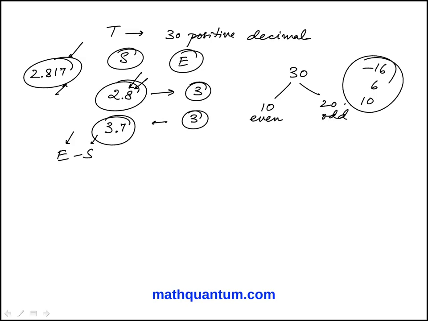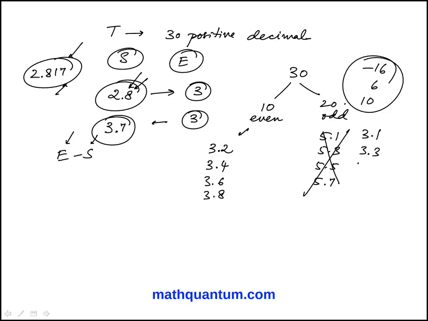For example, the 10 even ones could be, say, 3.2, 3.6, 3.8. Here they're all even. And let's say the odd ones are 3.1, 3.3.